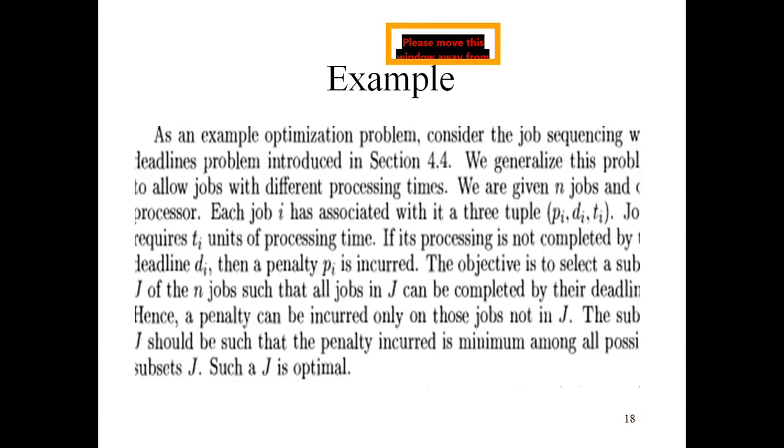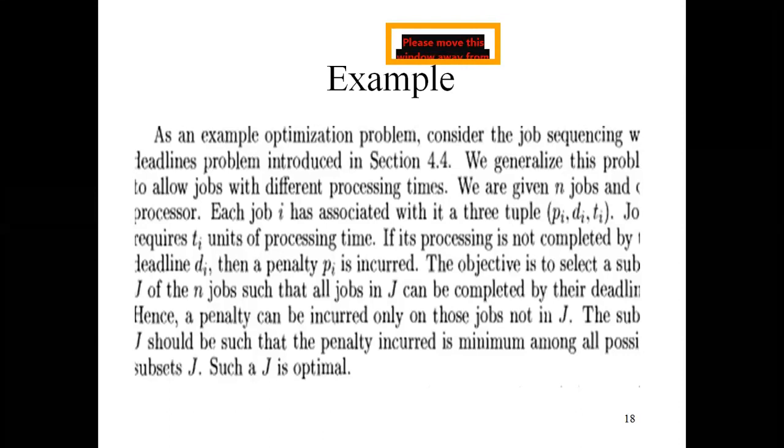Hence, a penalty can be incurred only on those jobs not in J. Suppose the set of jobs is job 1, job 2, job 3, job 4. Then we take a subset of jobs, J, which consists of all the jobs completed within their deadlines.